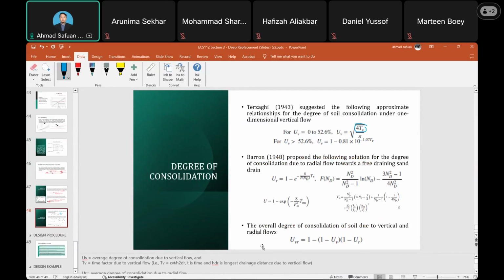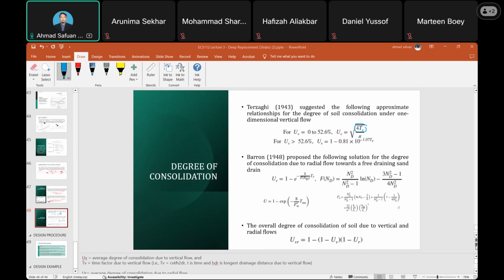So then we use, basically, the equation of square root of 4 TV over pi, because it is below 52.6%. And same goes to the TRM.